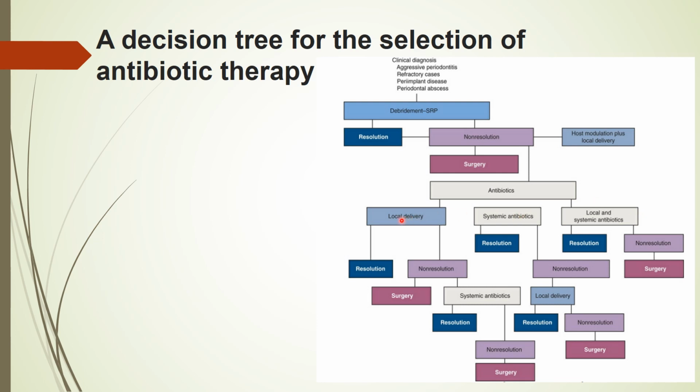With local drug delivery, resolution or non-resolution, and non-resolution can go to systemic antibiotics, and again, resolution or non-resolution leads to surgery. The same way with systemic antibiotics, non-resolution goes to local drug delivery, then resolution or non-resolution to surgery. With local and systemic antibiotics, also the same: resolution, and non-resolution to surgery.